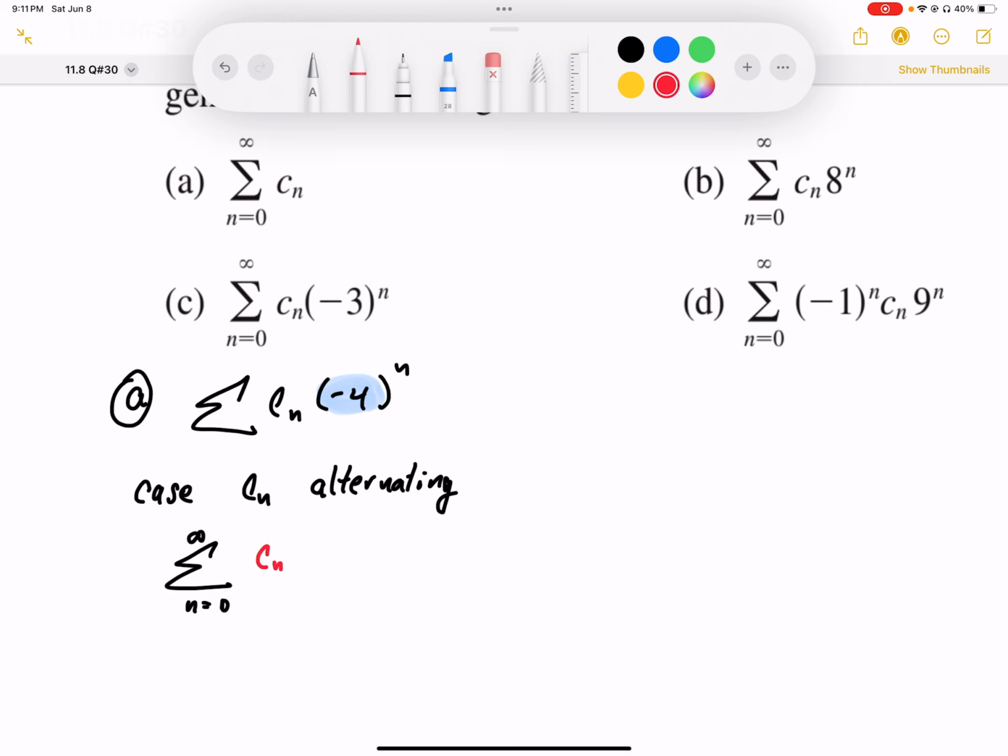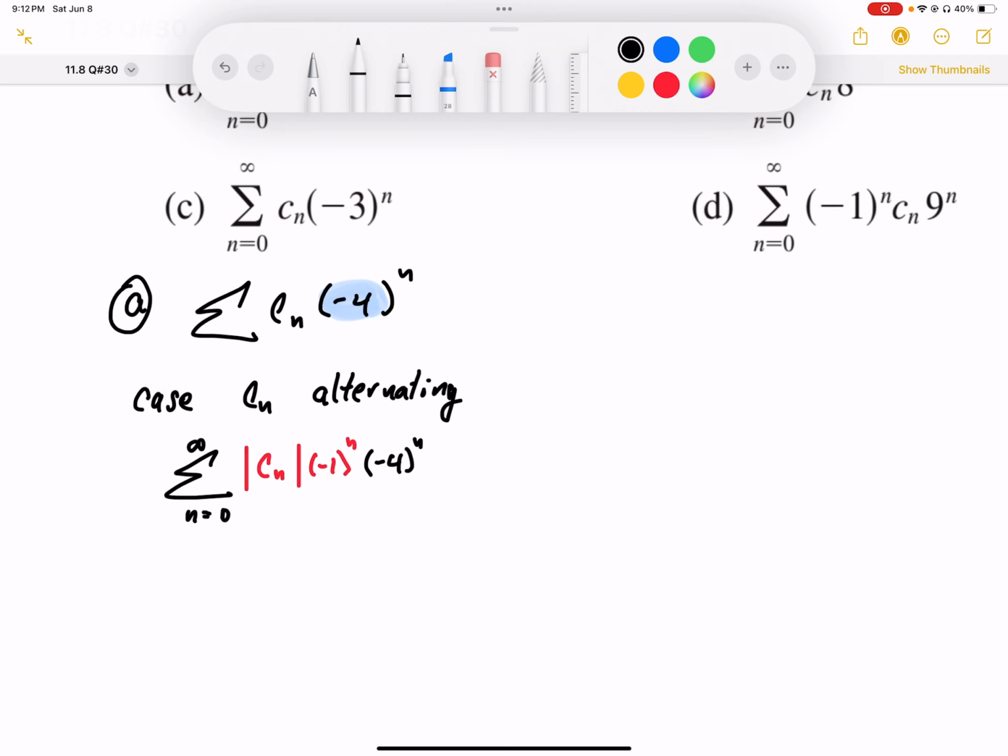We go Cn, so we're going to make that positive, and we can factor out the negative 1. That's what will make the Cn alternating. And we're then going to pair it up with that minus 4 to the power n.